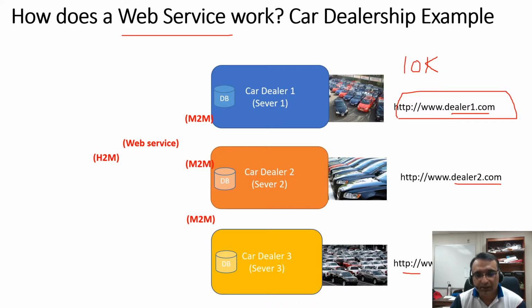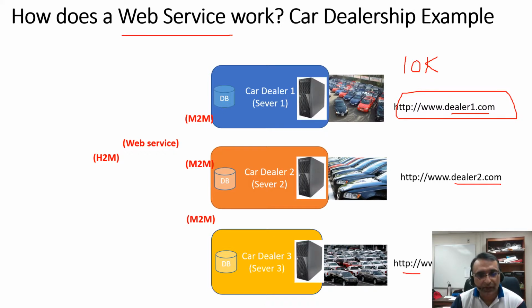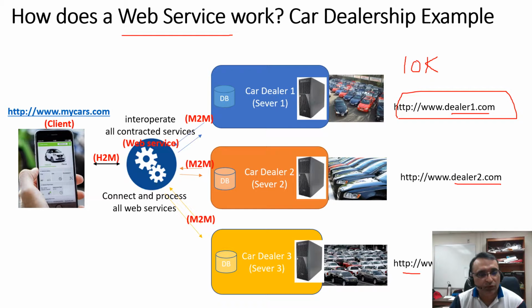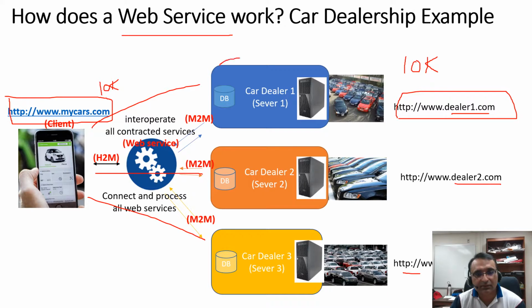Another way is, no, you don't do that. You will create a web service. So this is a web service, mycars.com, and it will connect to these servers one by one. It will send a request that I need a car with 10K, and assume each of these is also a web service.